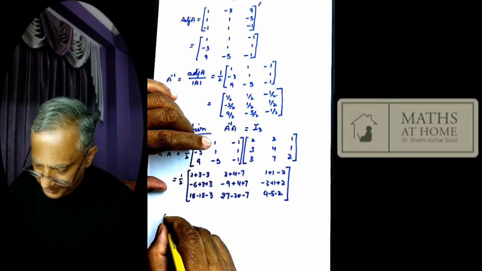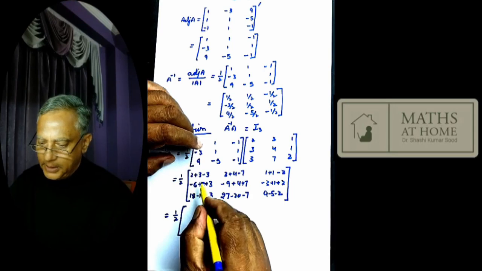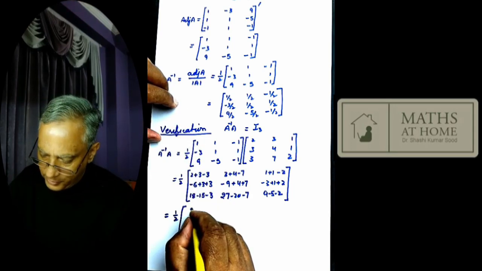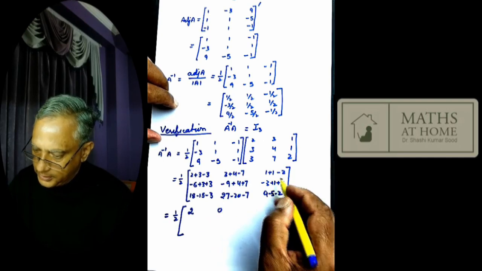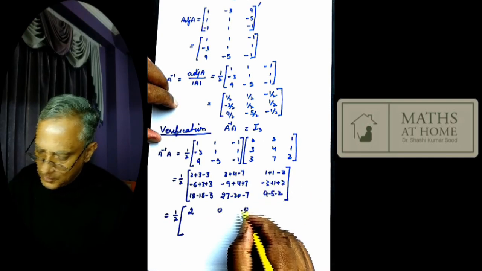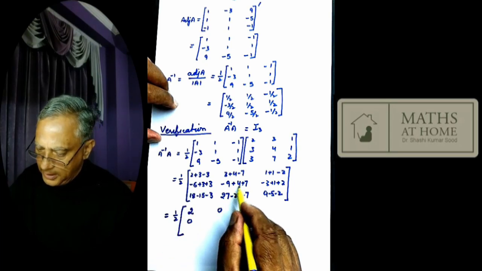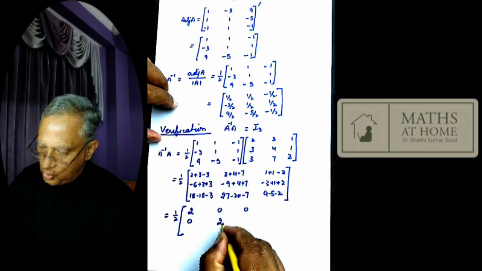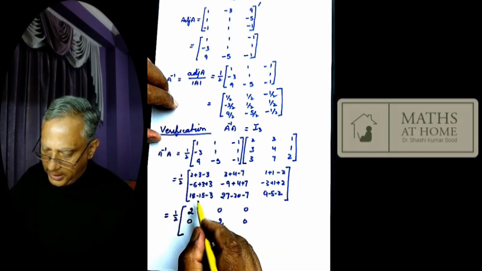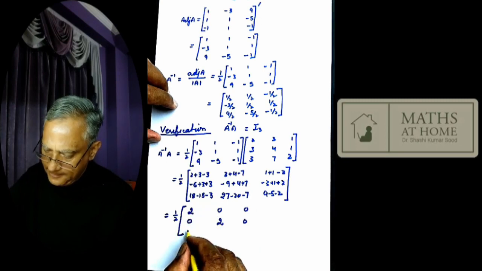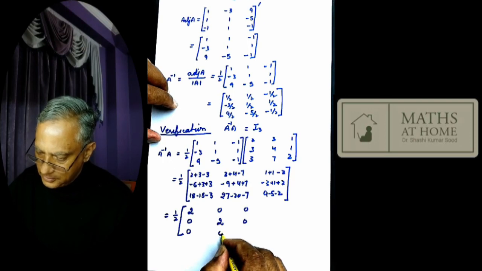On simplification this gives us 1 by 2 into, this will be 3 and 3 cancels, we are left with 2. Now this is 7 minus 7 is 0. This is 2 minus 2 is 0. 6 minus 6 is 0. 11 minus 9 is 2. 3 minus 3 is 0. 18 minus 18 is 0. 27 minus 27 is 0.